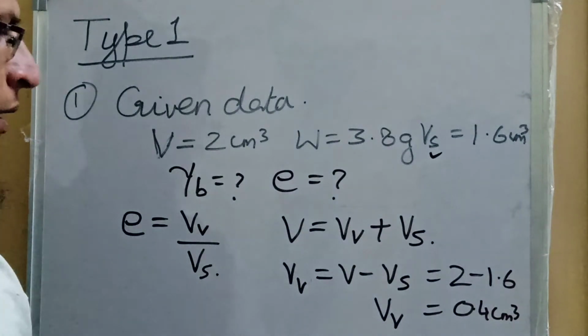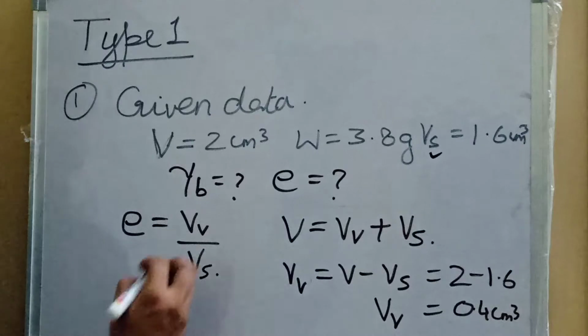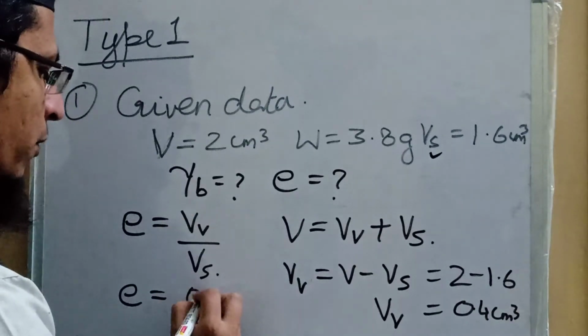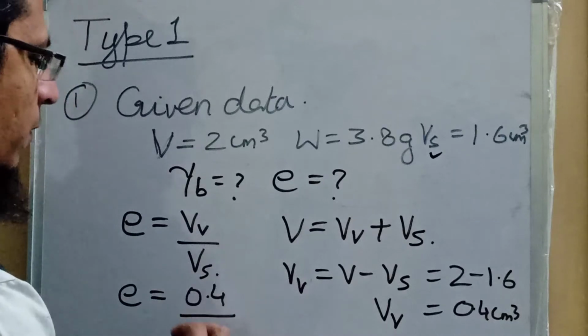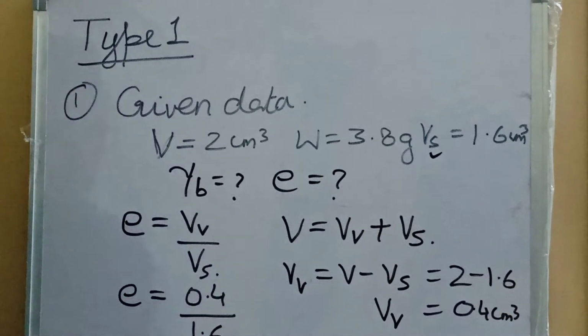Now we can place this value in this formula. So we have void ratio as volume of void, that is 0.4, upon volume of solid, that is 1.6.